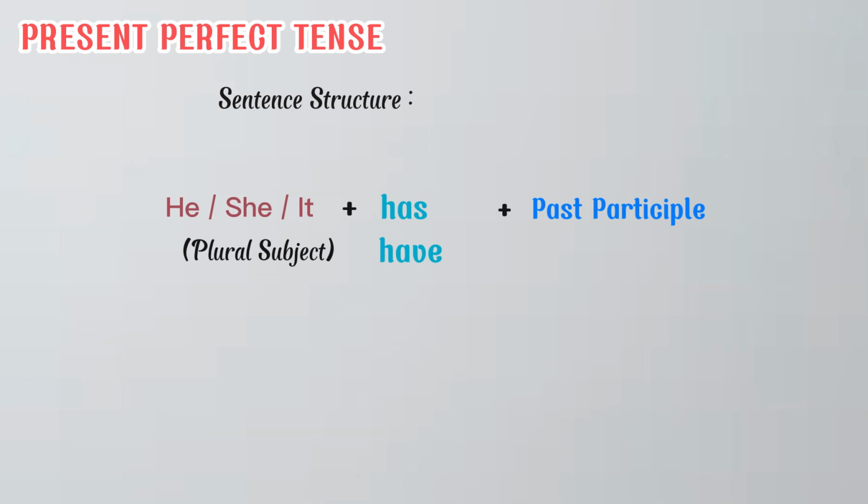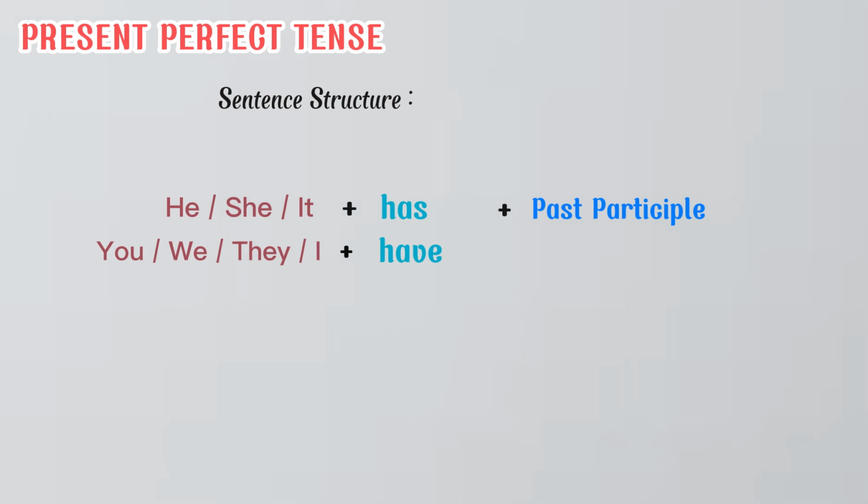So for example, we have you, we, they, and the subject I. Now for I and you, even though they mean one person, they belong to plural subjects, and these two are called special plural subjects.